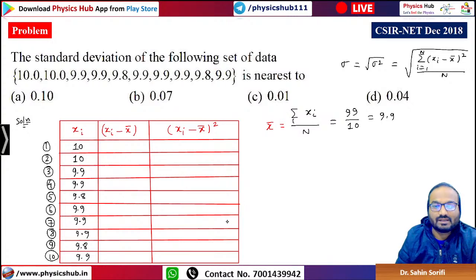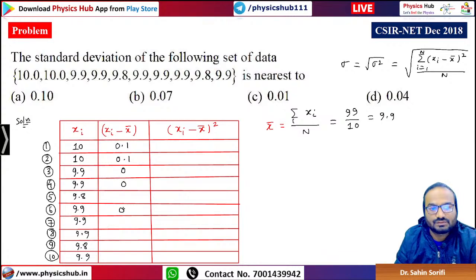Xi minus x average. So each value you need to subtract from 9.9. So xi minus x average. So 10 minus 9.9, you will get 0.1. Here you will get 0.1. Okay. Now 9.9 minus 9.9, so 0, 0, 0, 0, 0, 0, again 0.